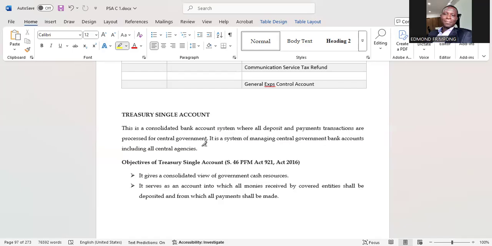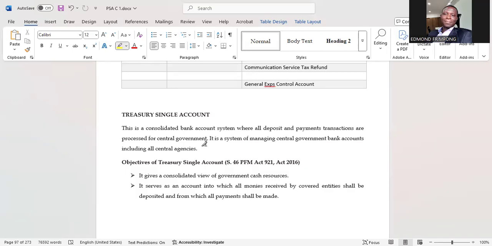Treasury Single Account. Yes. This is also something in the syllabus which we are required to know. Treasury single account.